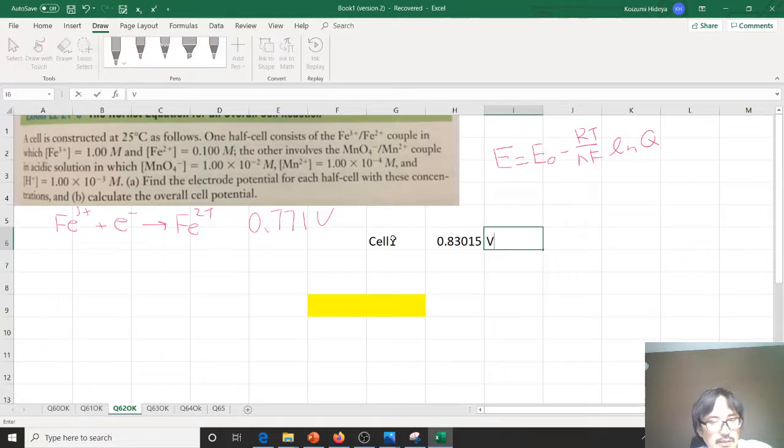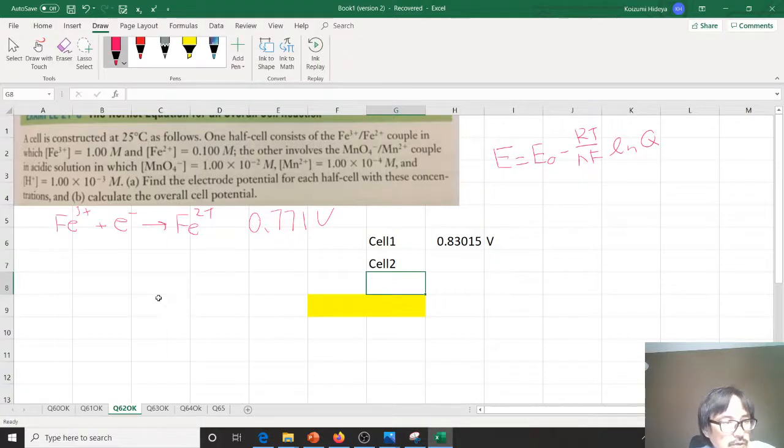Let's get this one. Alright, so let's do cell number 2. Cell number 2 is MnO4 minus somehow becoming Mn2+.